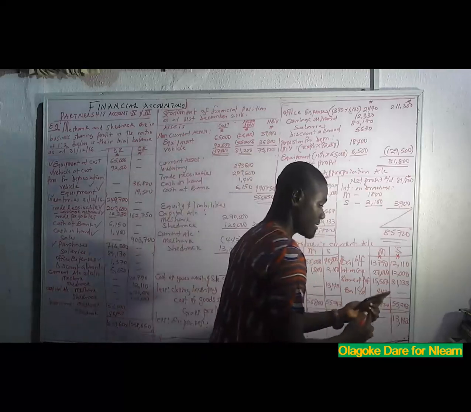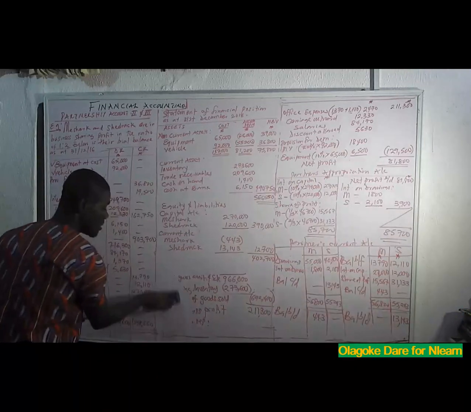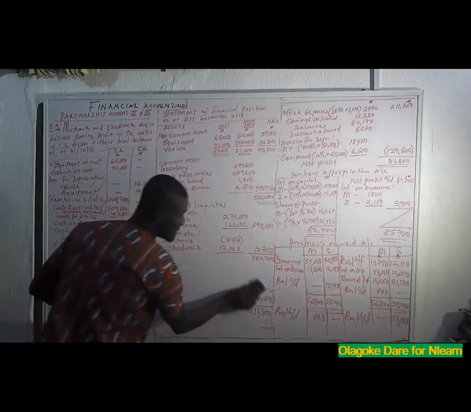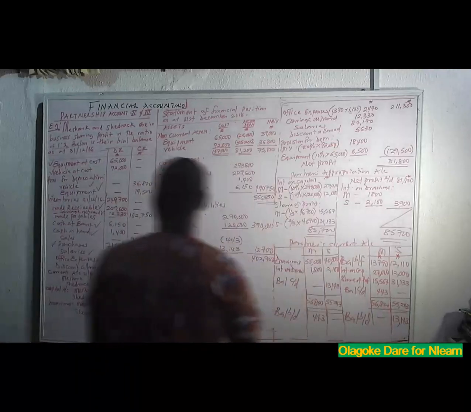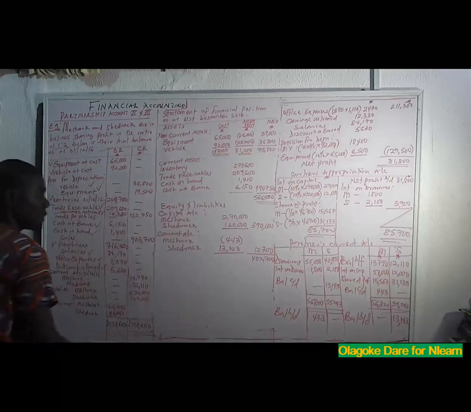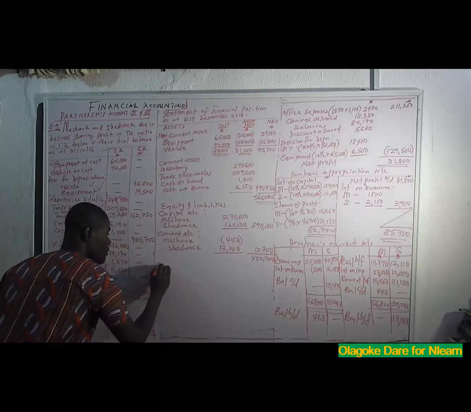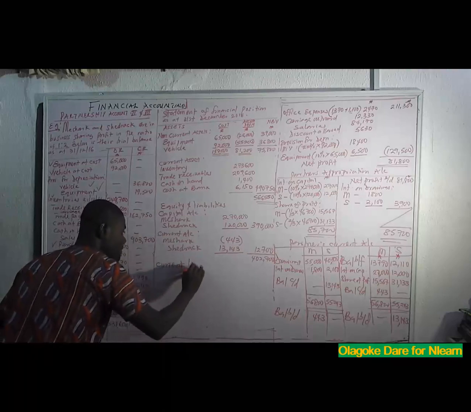So let's wipe this. Now we show our liabilities. We don't have long-term liabilities, no non-current liabilities, as you can see. So I have my current liabilities.